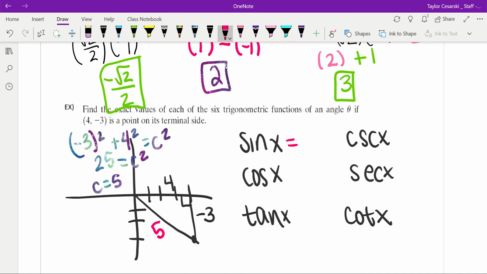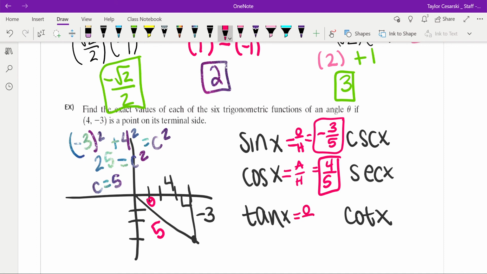So sine is opposite over hypotenuse. Remember, theta is your angle touching the origin. So opposite is -3 over your hypotenuse is 5. So -3/5. Cosine is adjacent over hypotenuse, so that would be 4/5.